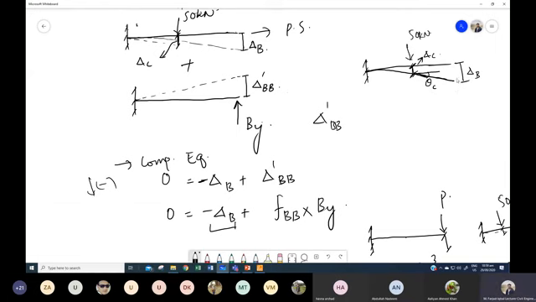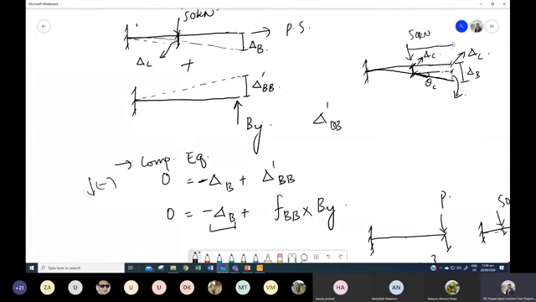What will be delta B? Can I say that this distance is delta C, and what will be this length? Anyone?